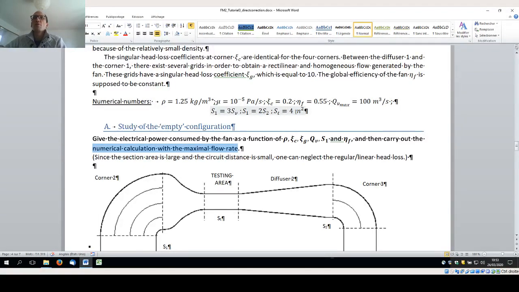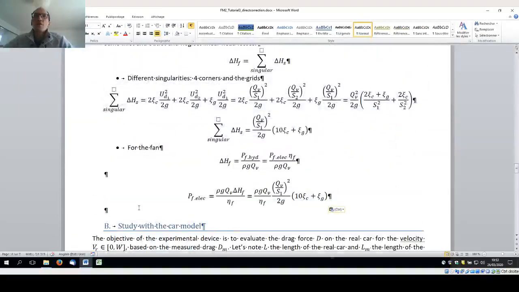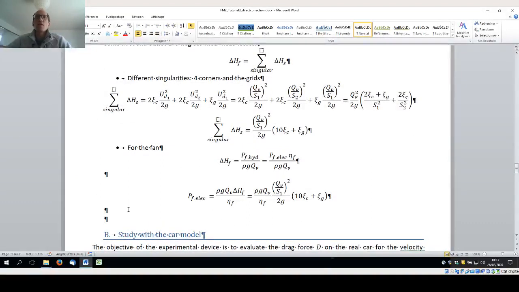S1 is 12 meter square. You have the Q_V, eta F, xi C, etc. So you should have everything, and if you do the calculation you should find, I'm just checking, yeah, after you can do the computations at home.